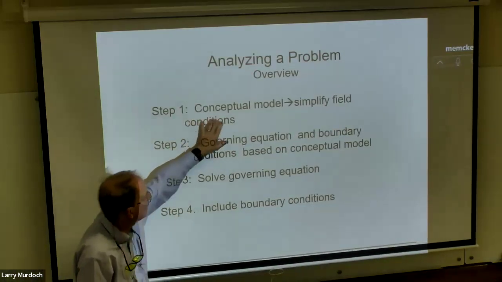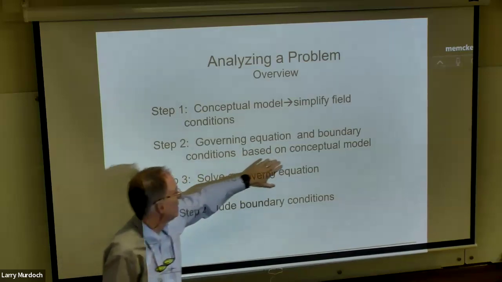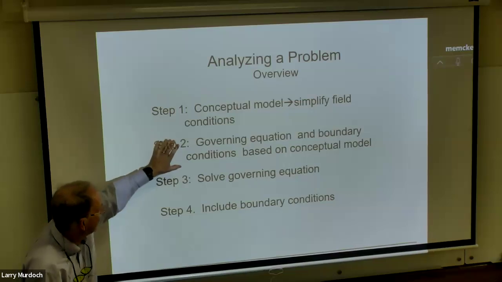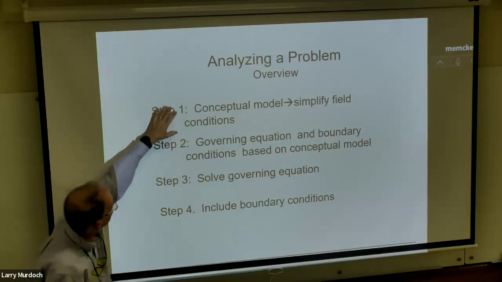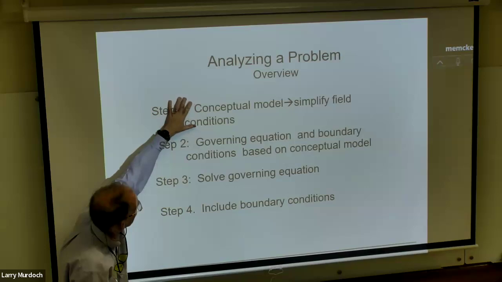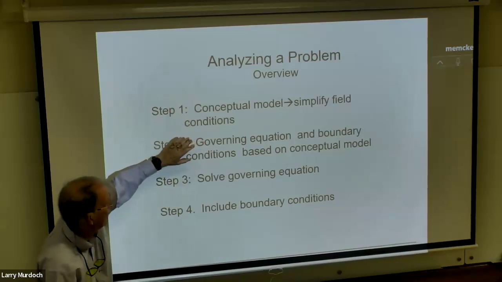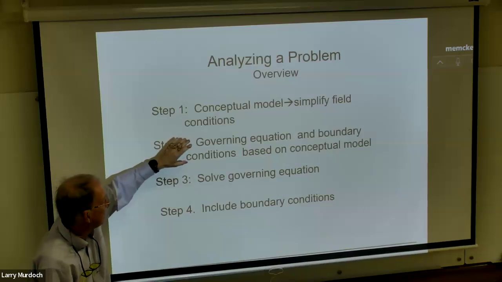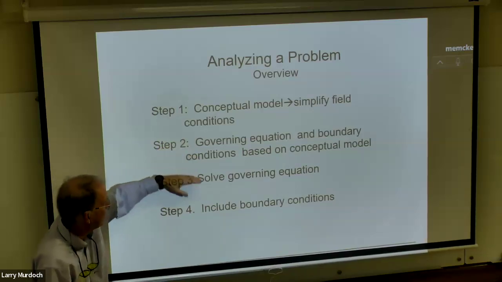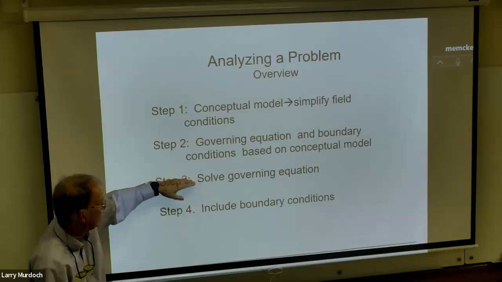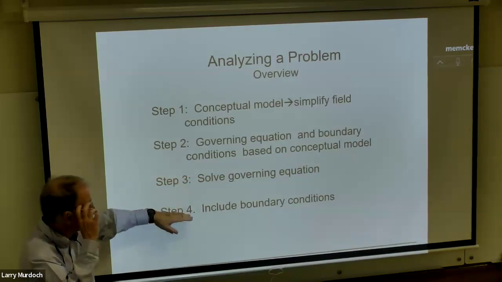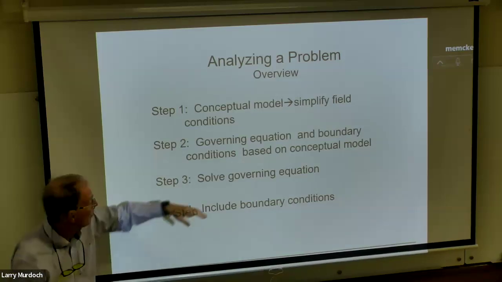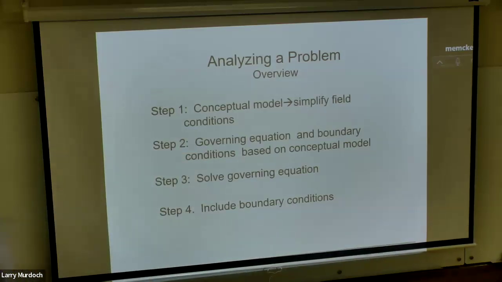And then also based on the conceptual model, we had some boundary conditions. So that's the setup, translating that conceptual model, which is a sketch, into a mathematical problem. Then we need to solve this problem. So we need to solve the governing equation, and then we'll use the boundary conditions to complete the solution. So we're right here in this overall process.